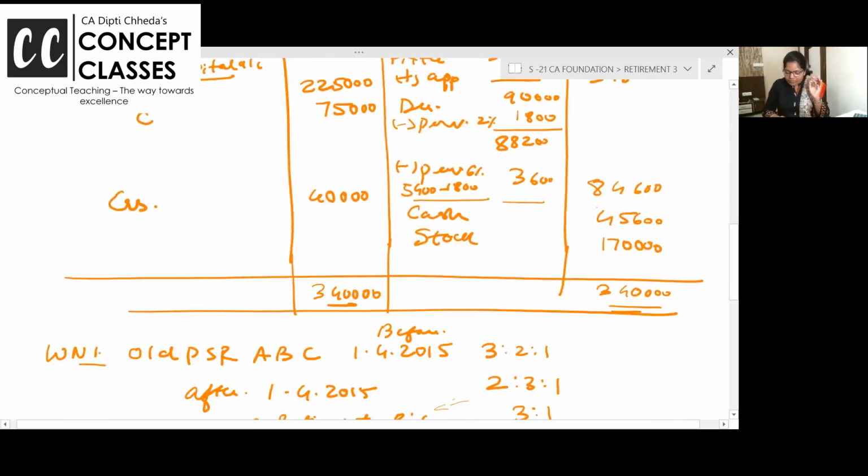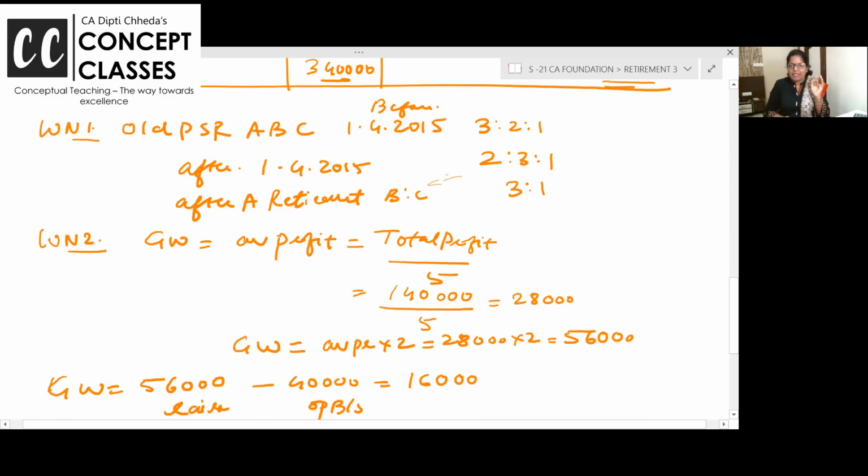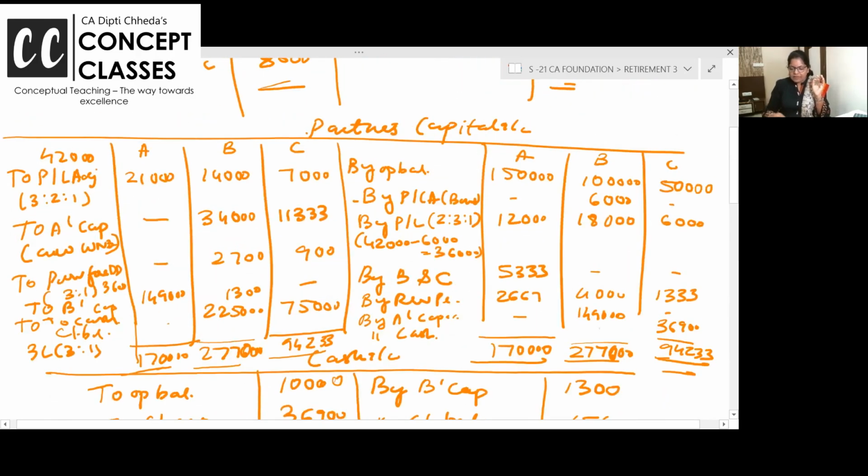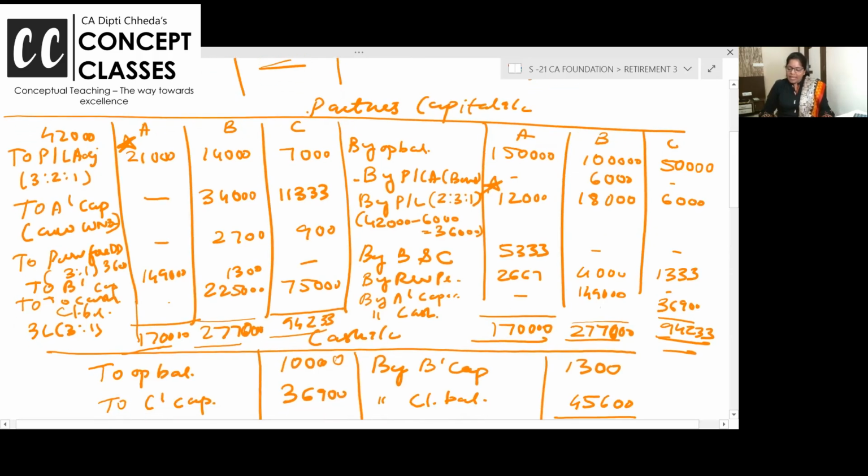What new you have learned, dear students, is this PSR. Old profit you all brought back. Can you all please put a star mark here? This was new for all of you. Old profit you brought back in 3:2:1 ratio, bring it back. And now give bonus to this partner and again give the profit. And so on.